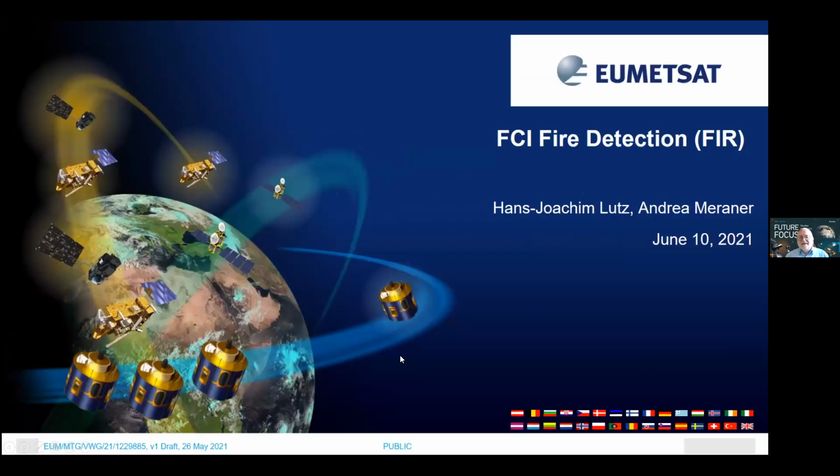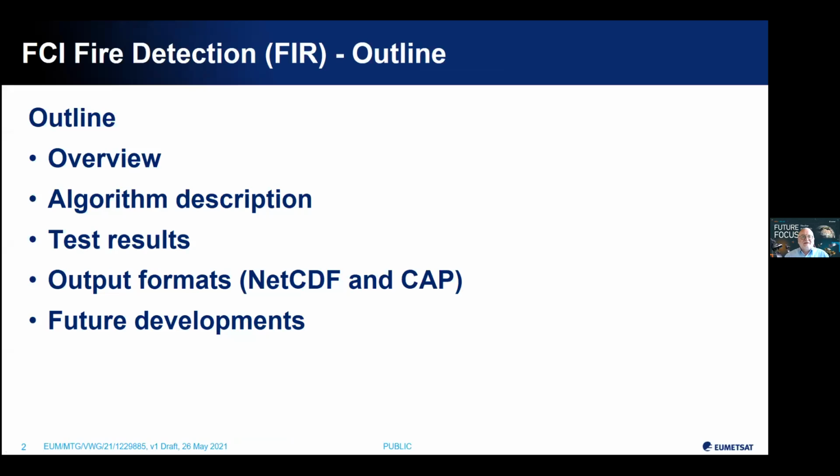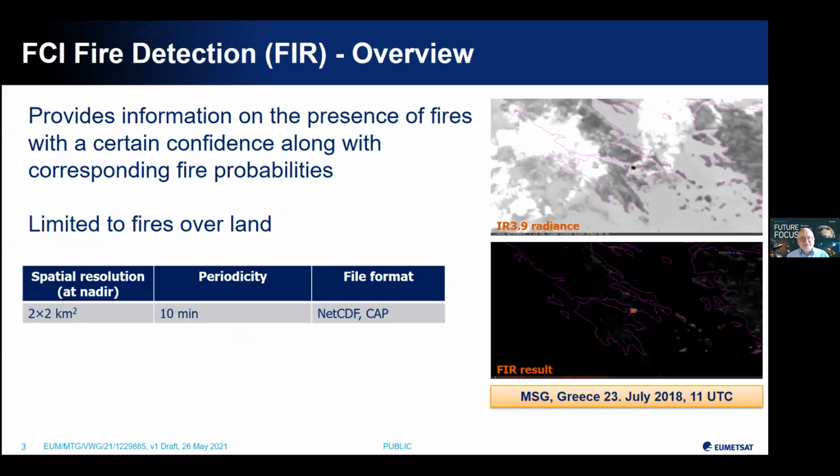Yeah, hello again. It's me again, and I hope you are still on fire to listen to my fire talk. The outline of the talk is a short overview, an algorithm description, some test results, the output formats, and planned future developments.